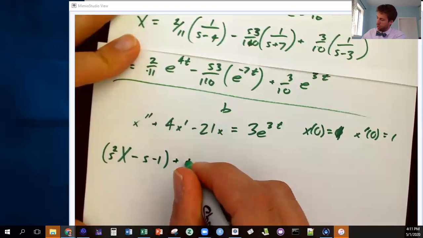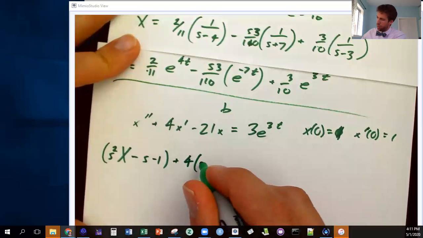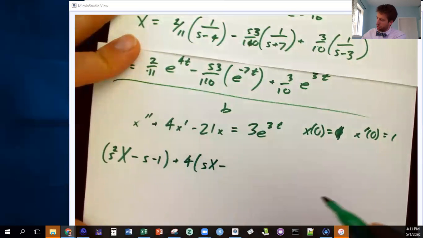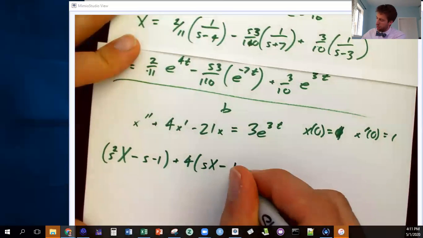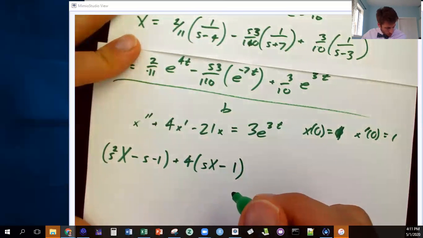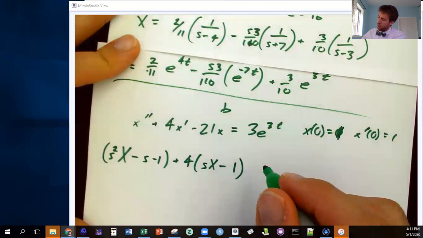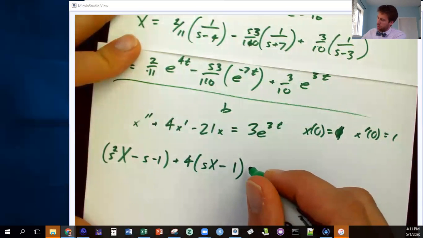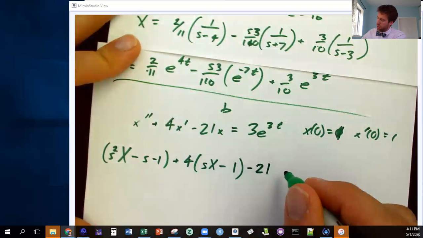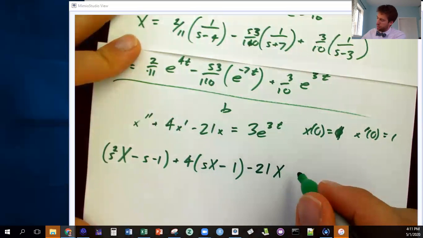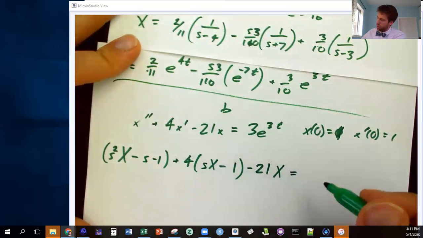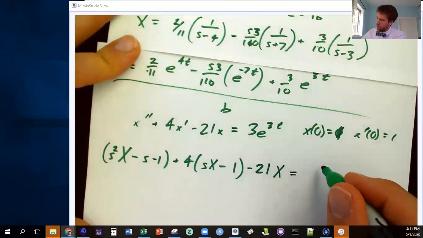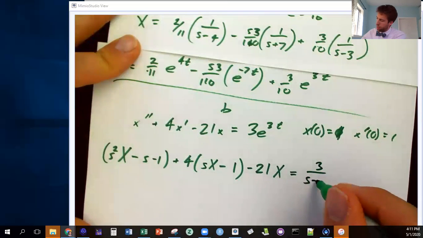Plus 4 times sX minus 1, and then we've got minus 21 X equals, and then here we get 3 over s minus 3.